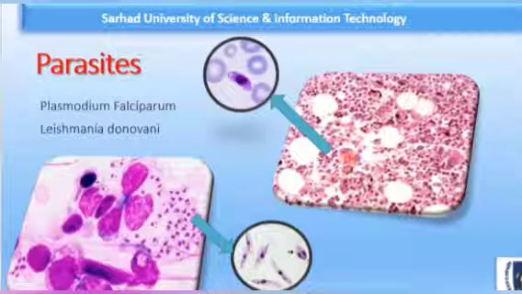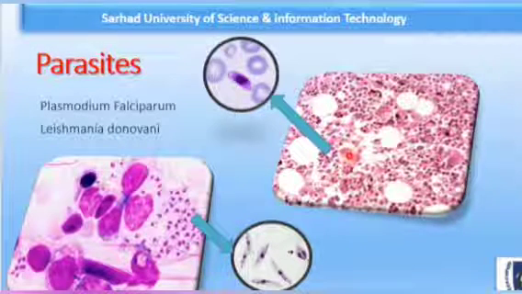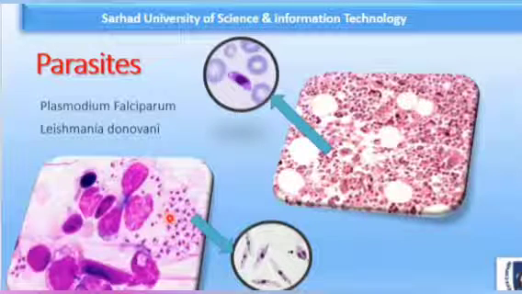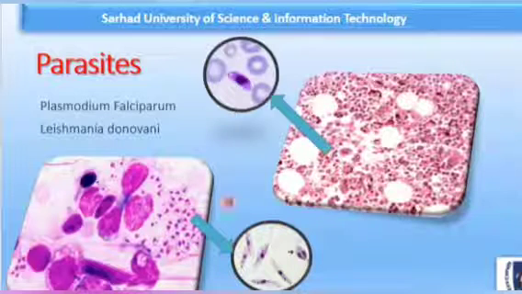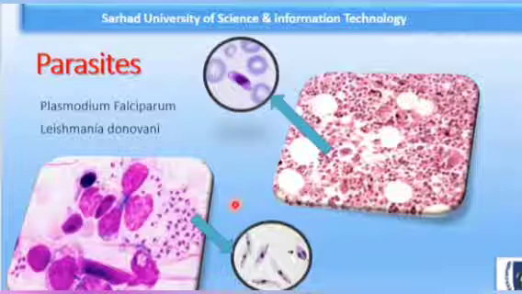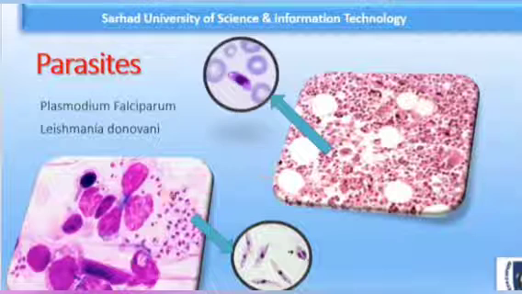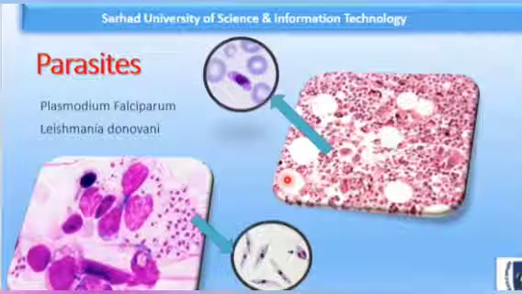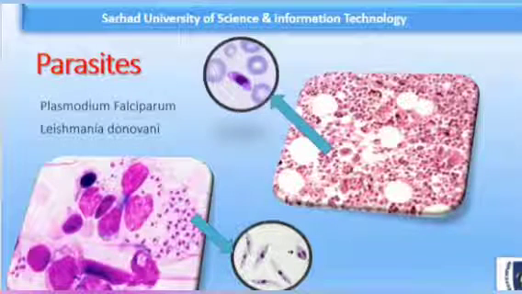So this is Plasmodium falciparum, which tends to sequestrate in the bone marrow, and similarly you are looking for Leishmania donovani. These are the parasites which can be present in the bone marrow, and sometimes we are dealing with other disease and we miss some such parasite. This also has some importance in the bone marrow examination.